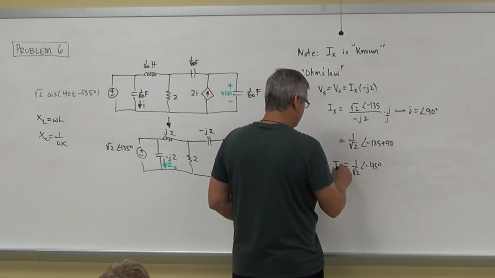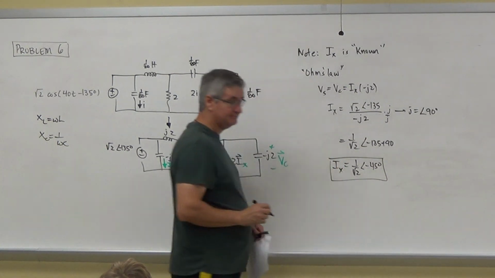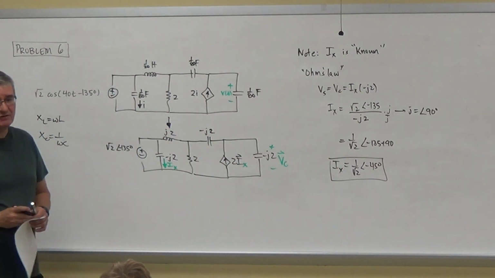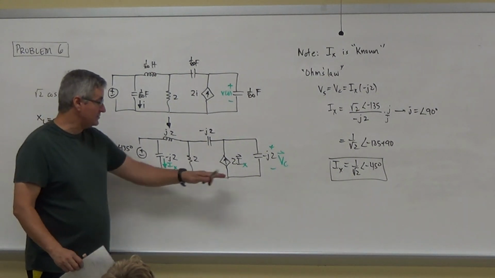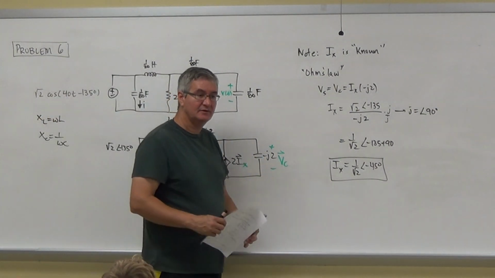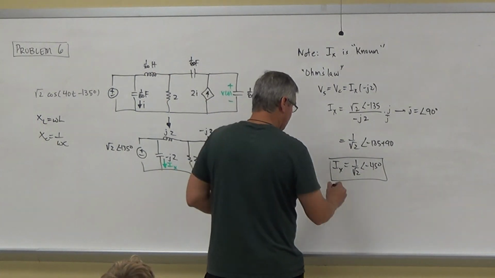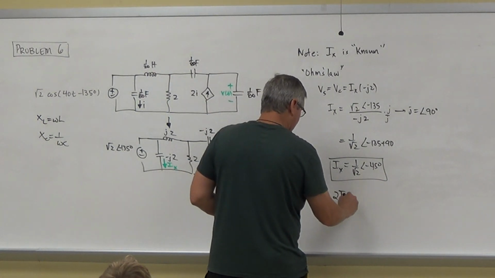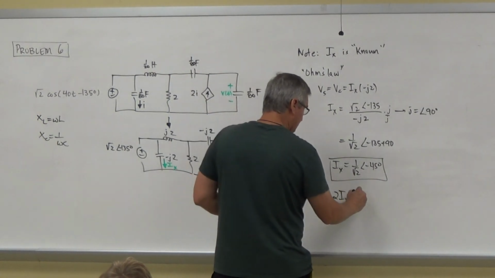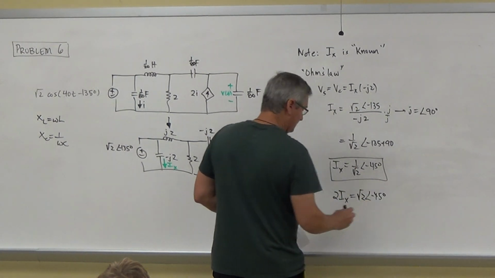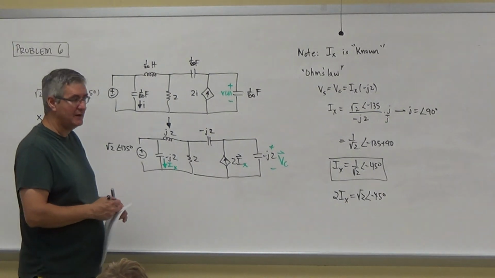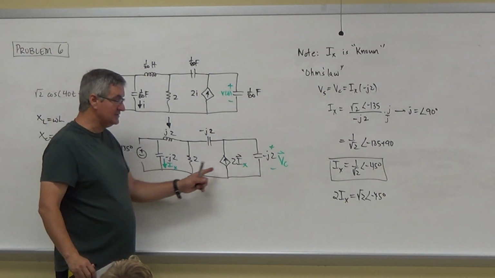That's what Ix is. So in essence, I don't have a dependent condition anymore. So then that source here is just this. So if I look at that current source, you can see then 2Ix is going to be the square root of 2 at minus 45. So I have no dependent condition anymore. I just have this guy here.